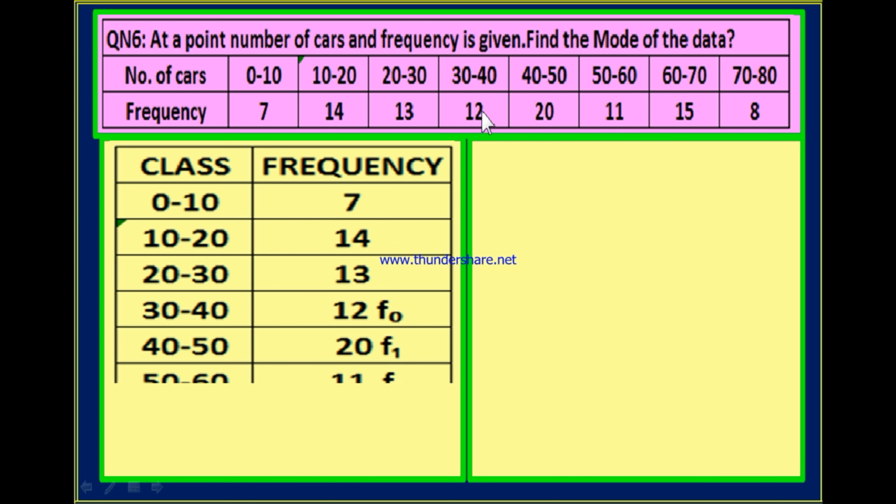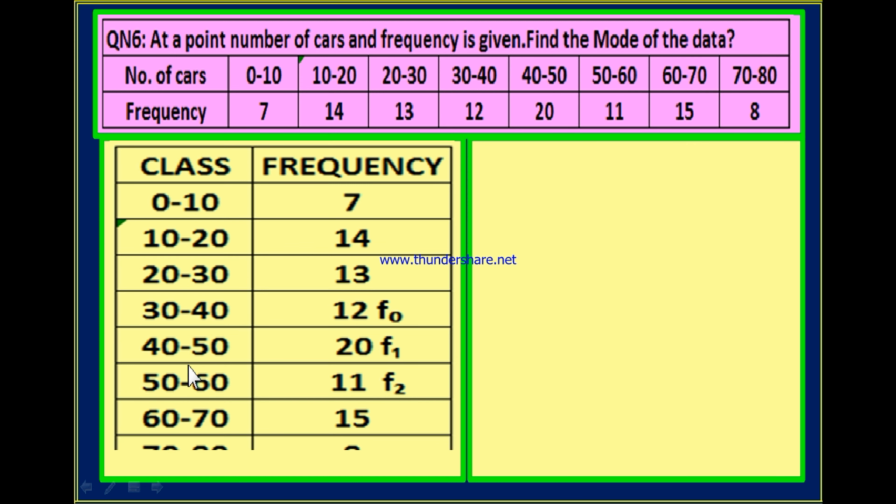Next class 30 to 40, the frequency is 12. 40 to 50, frequency is 20. 50 to 60, frequency is 11. 60 to 70, the corresponding frequency is 15. And the last class is from 70 to 80 and its corresponding frequency is 8.